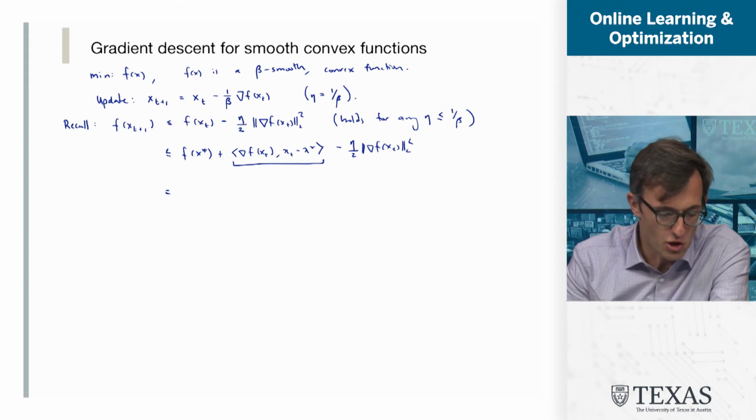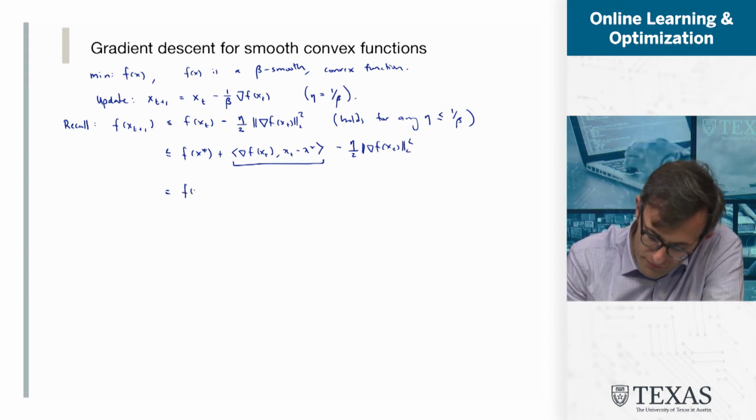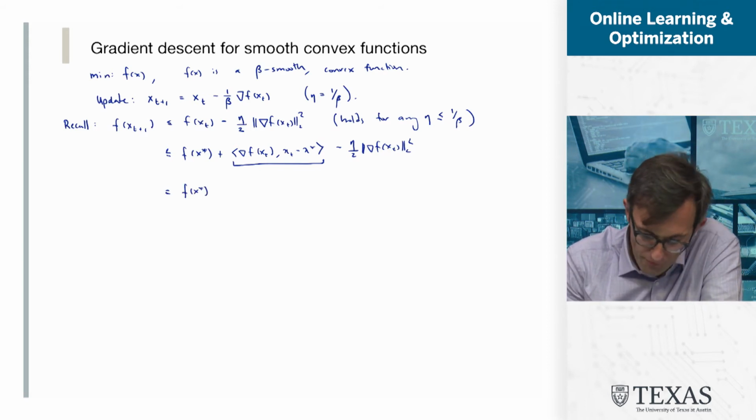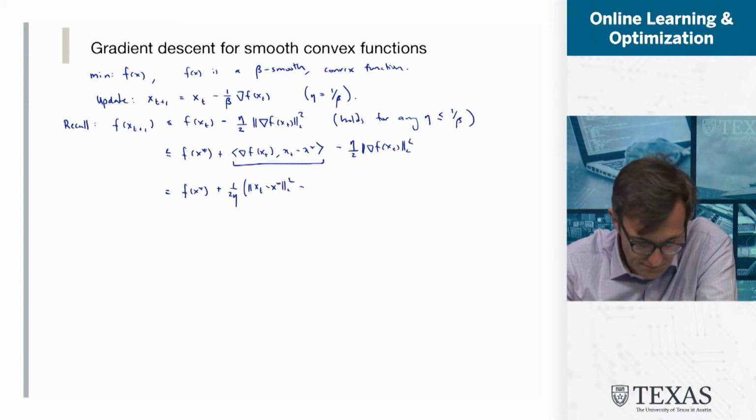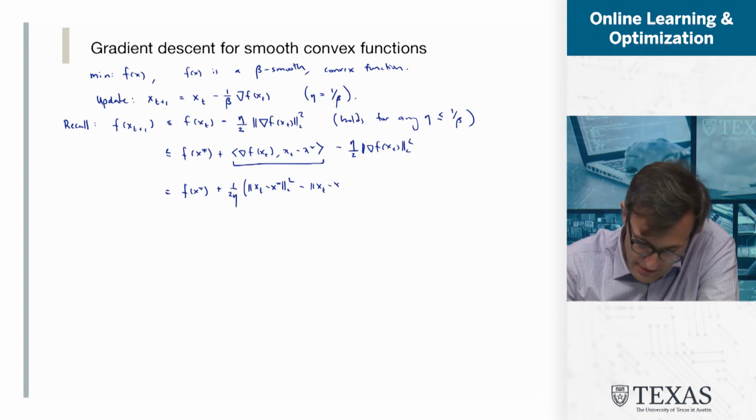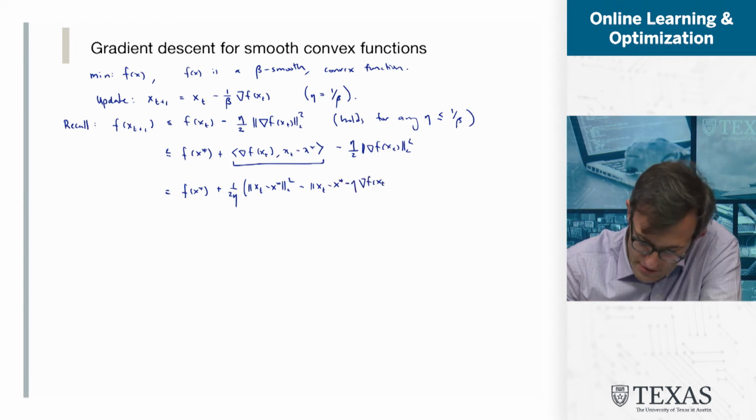And this is in turn equal to f of x star plus 1 over 2 eta times the norm of x t minus x star squared, minus the norm of x t minus x star minus eta times the gradient of f of x t, squared.